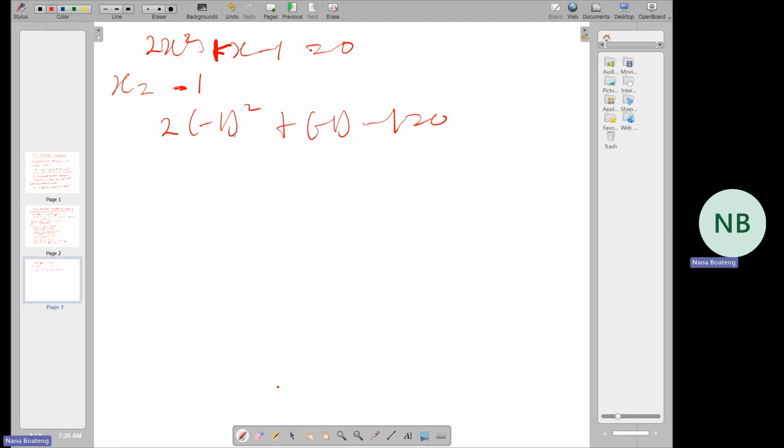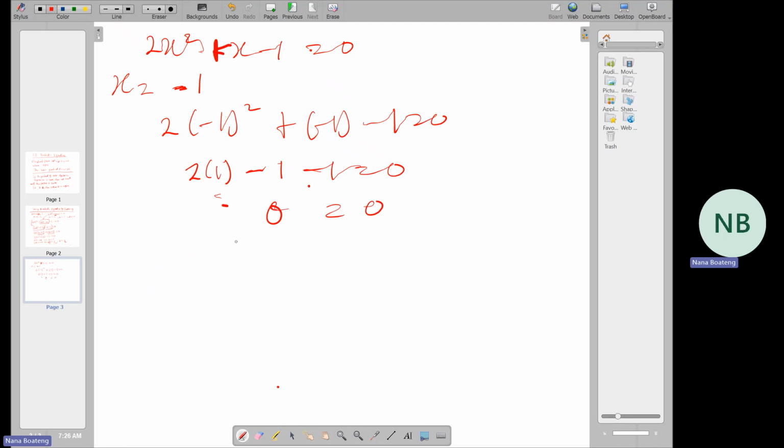So negative 1 squared is positive 1, so 2 times positive 1 minus 1 minus 1 is equal to 0. So this is 2 minus 1 minus 1, which is equal to 0. So we have 0 equal to 0.